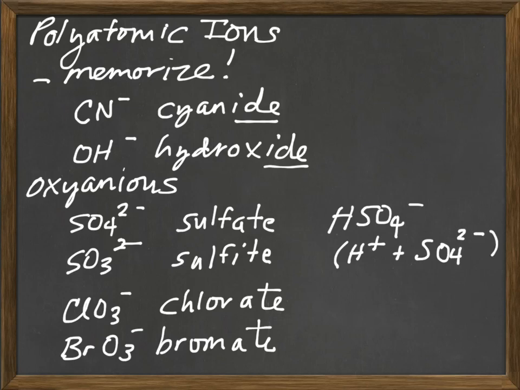When we put them together, when we combine them, we have to combine their charges. We've got a +1 and a -2, and when we combine those, we get a -1 charge. That's why HSO4 has a -1 charge and not a -2. And for his name, he sometimes goes by bisulfate, but the one I want you to know is hydrogen sulfate. Two words.